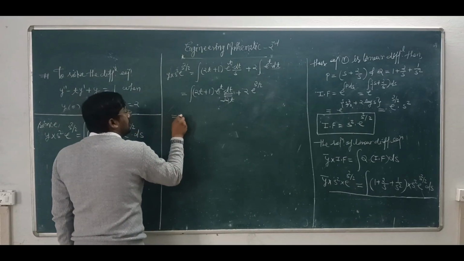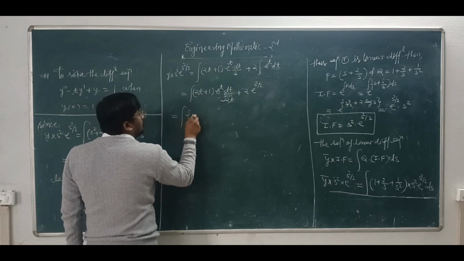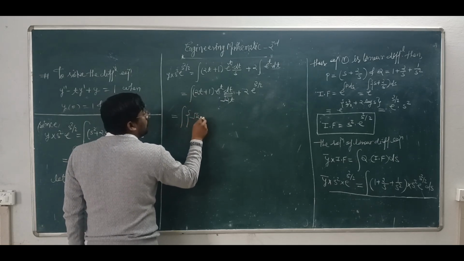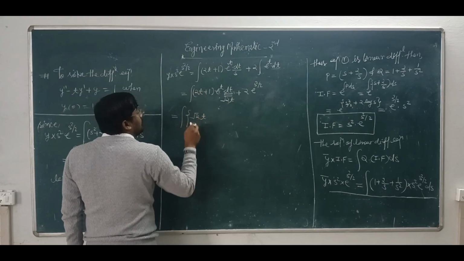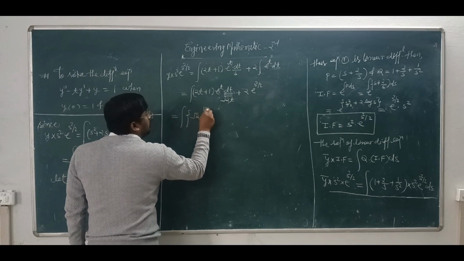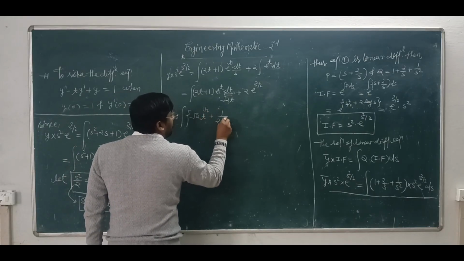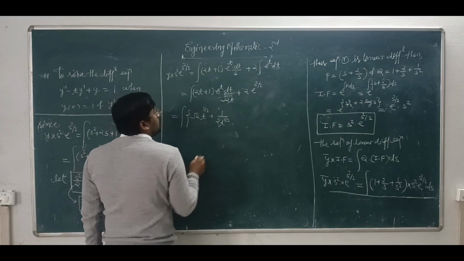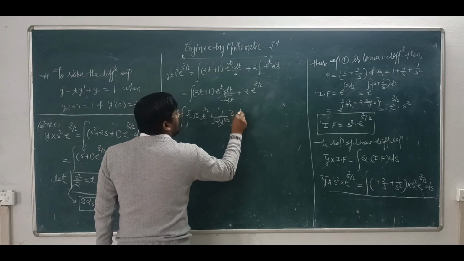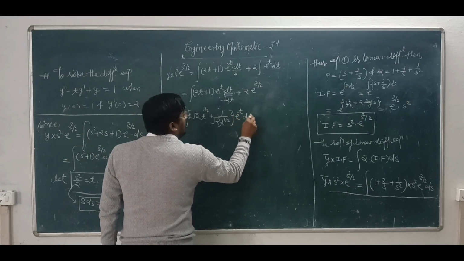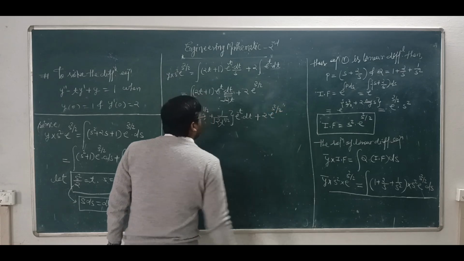Now you can write integration. You can multiply by this root 2 t to the power 1 by 2 plus 1 upon 2 t to the power 1 by 2, root e to the power t into dt plus 2 e to the power s square by 2.